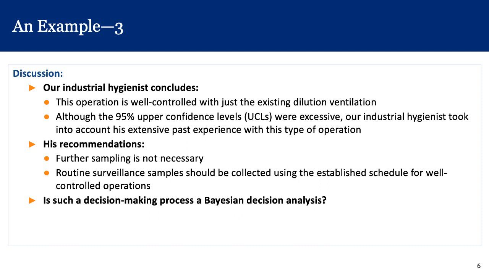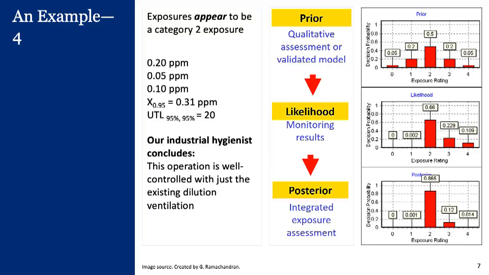And so is such a decision making a Bayesian decision analysis? I would suggest that, in fact, it is exactly that, except the industrial hygienists in the past did not call it Bayesian decision analysis, but it shows all the characteristics of Bayesian decision analysis. We could put what this hygienist did in terms of Bayesian analysis.